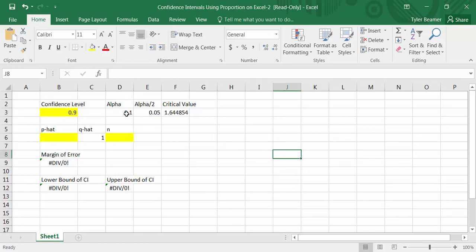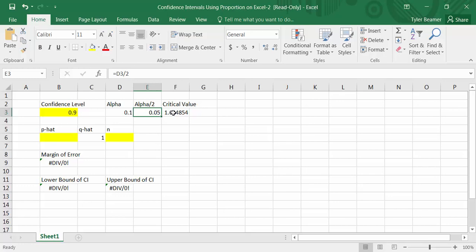And so what you have here is the level of alpha. So that's 1 minus the confidence interval as a decimal. And then alpha divided by 2 is what you get in this cell, E3, and that represents the area in the left and the right tail that is outside of the confidence interval.